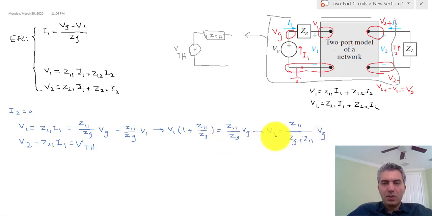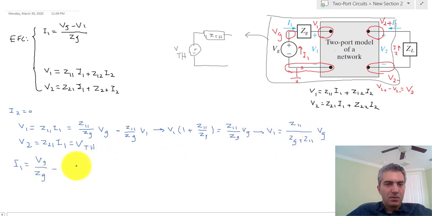Okay, now I can use this equation and put it back into the first equation and find I1 as a function of Vg. So I1 is equal to Vg divided by Zg minus now this divided by Zg, which would be Z11 over Zg times (Zg plus Z11) Vg.